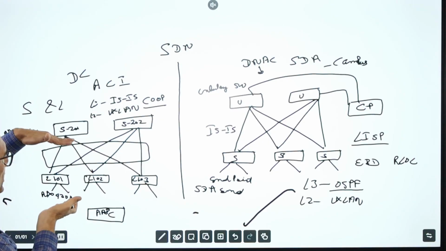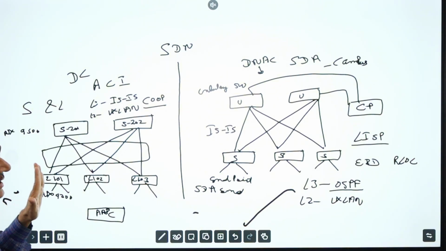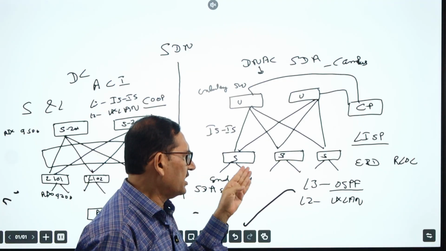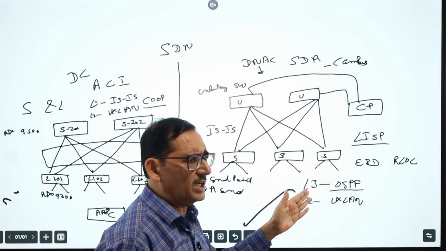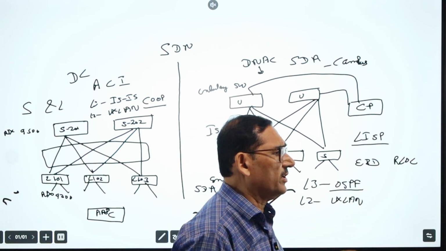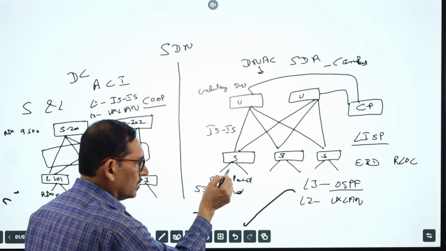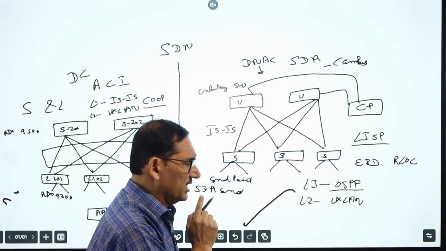Like here, we have the fixed spine, 9500 Nexus. Here we have the leaf, 9300 Nexus. Here we have the option of any Catalyst. We can use the 8000 series, the 9000 series, the 4500, 6500. But remember, the devices which we are going to connect with the endpoint must be SDA enabled.